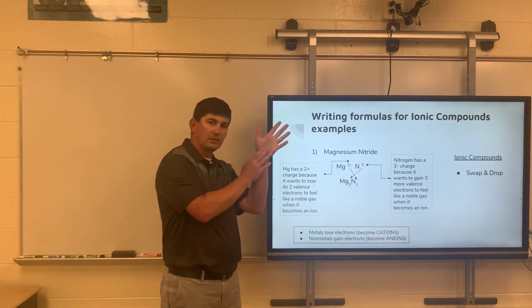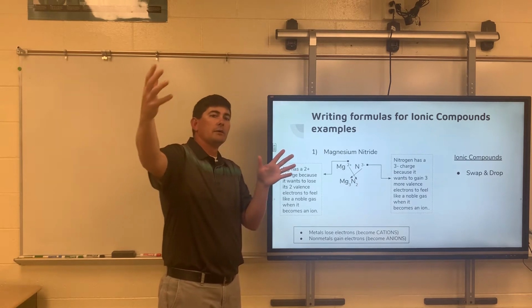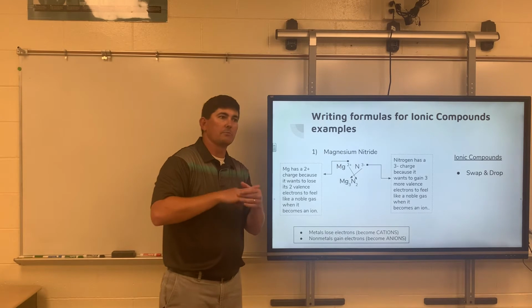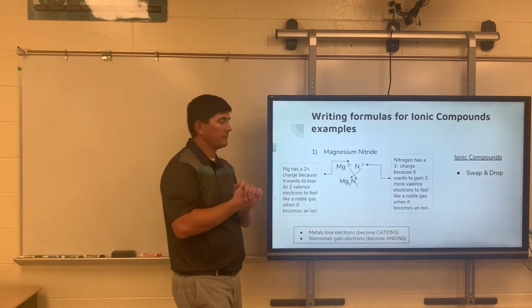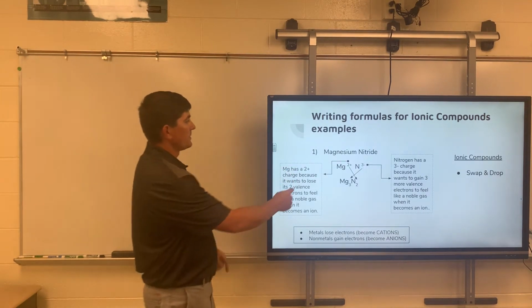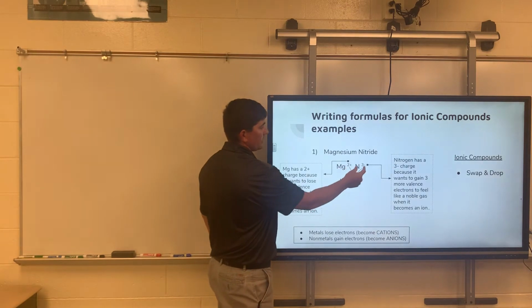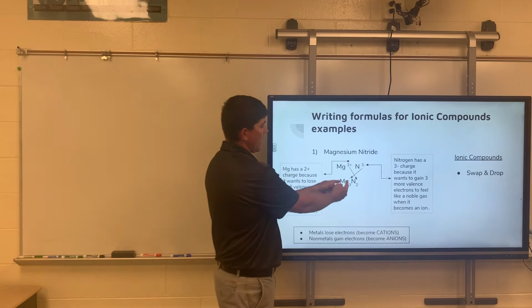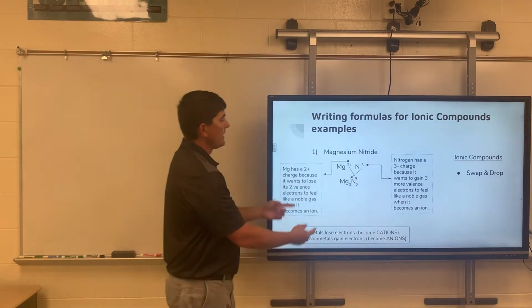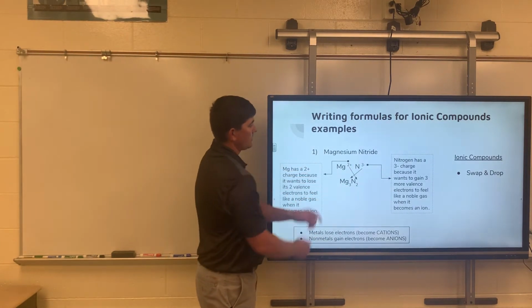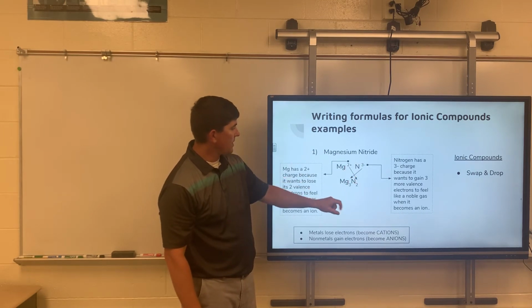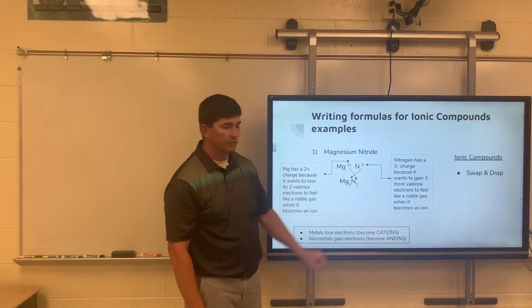It has 5 valence electrons, so if it becomes the ion it wants to become, it's going to add 3 more electrons, making it a -3 ion, okay? So this is the oxidation, so we wrote each of these with their oxidation. So then we rewrite the symbols, Mg and N, and we swap and drop. So the -3 tells me that I got 3 magnesium, and the +2 tells me I have 2 nitrogens.